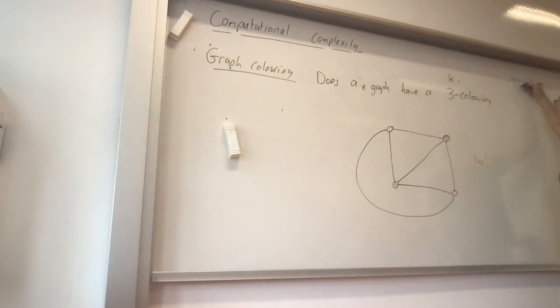This is going to be a major subject of study in the first part of this course. So this is what's called an NP-complete problem. It's going to take us 2 more lectures to define what this means and to understand it.